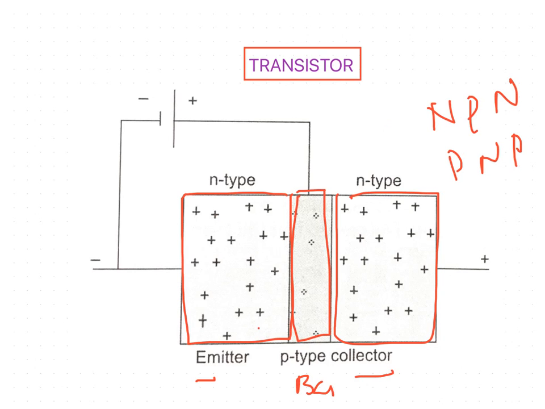On contact being made between the materials, which means in the NPN semiconductors, a potential difference develops at their junctions.